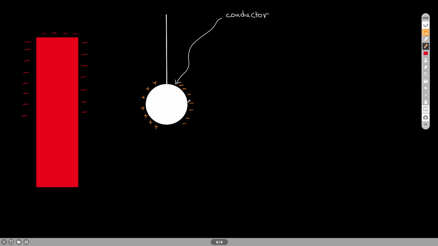Now, this is charge separation. I have separated some electrons from their positive charges. I said this is charge separation. This configuration is a single macroscopic dipole.